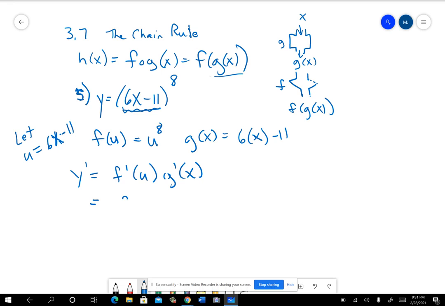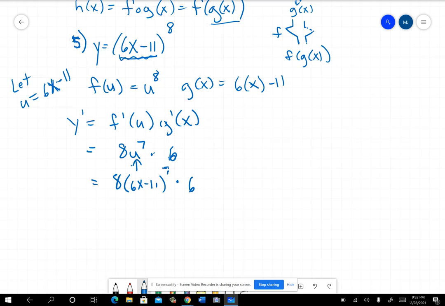So f prime of u would be 8u to the 7th, g prime of x would be 6, and u is really 6x minus 11, all raised to the 7th power. Then you put the 6 and the 8 together and say 48 times 6x minus 11 raised to the 7th.